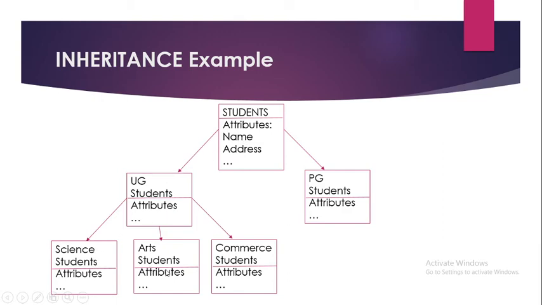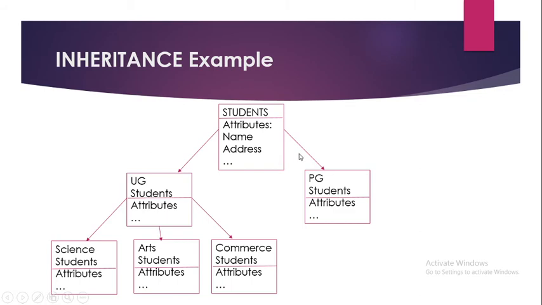So for arts students, the features or attributes will be common features of students plus features coming from UG students and features of its own. And likewise, commerce students will have features or attributes coming from students plus attributes of UG students and its own attributes.